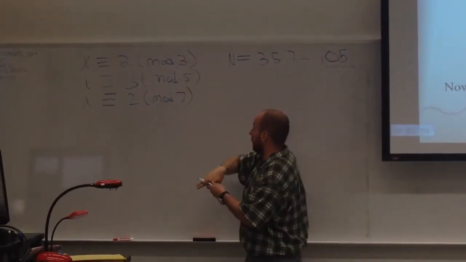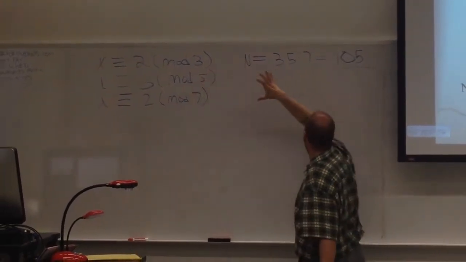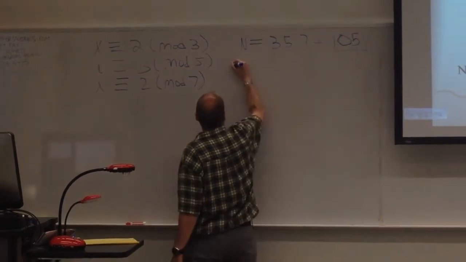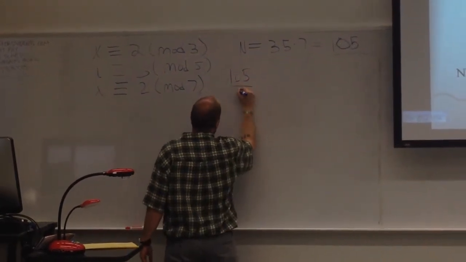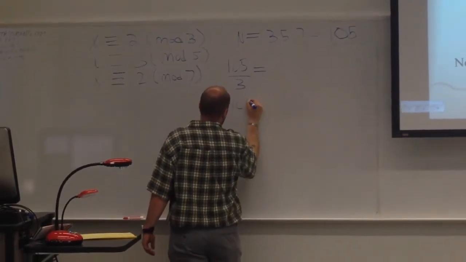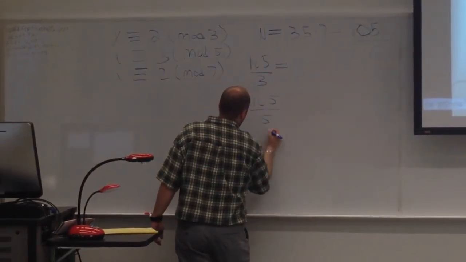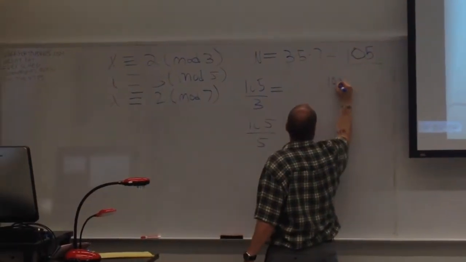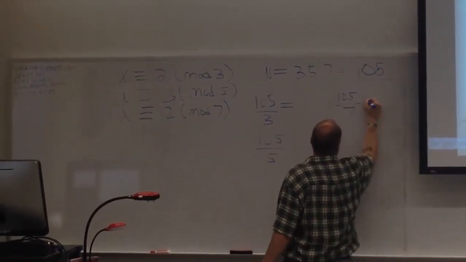So all the systems can be mod 105. Now we need to break them apart. So we say 105 divided by 3, 105 divided by 5, and over here 105 divided by 7.